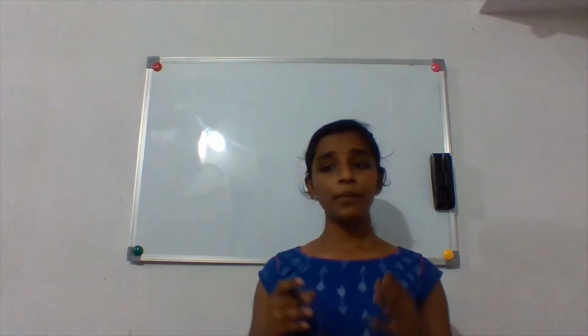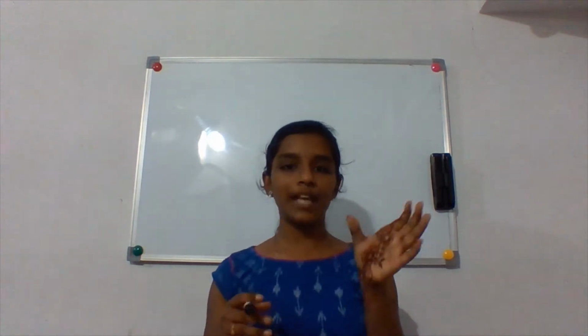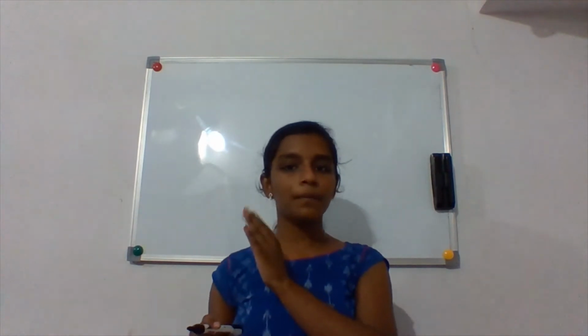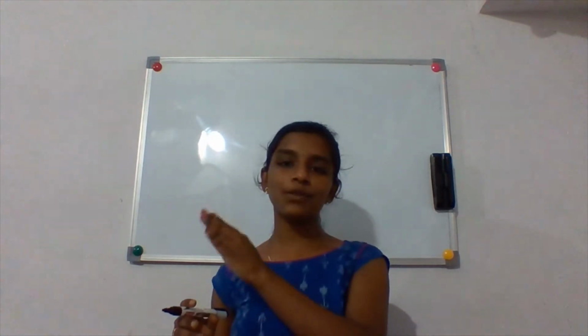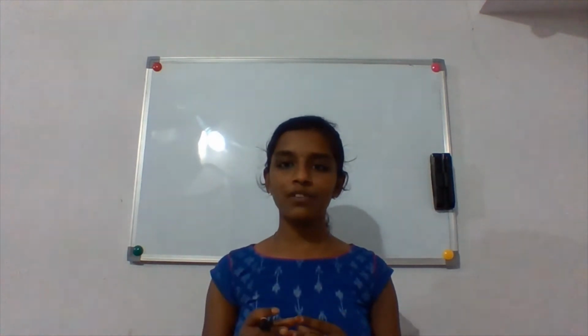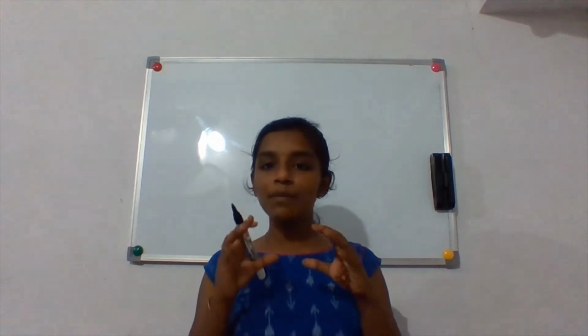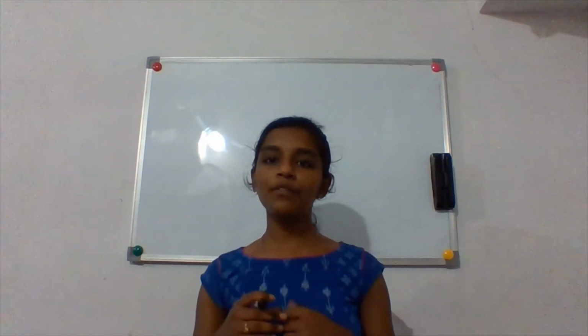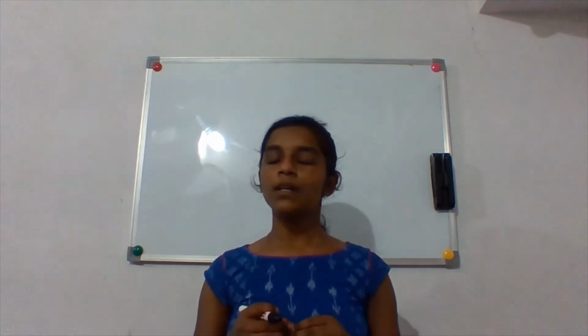In 3D geometry, you write x1 plus x2 plus x3 by 3 comma y1 plus y2 plus y3 by 3 comma z1 plus z2 plus z3 by 3 also. So there will be very simple formulas related to 2D geometry problems in 3D geometry basics. That is what I told you in my first class starting topics.